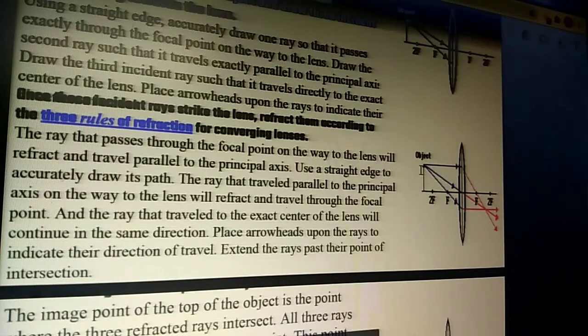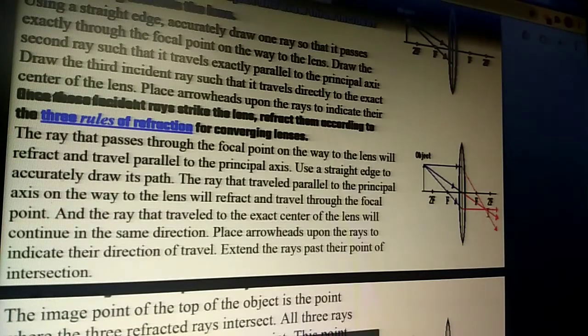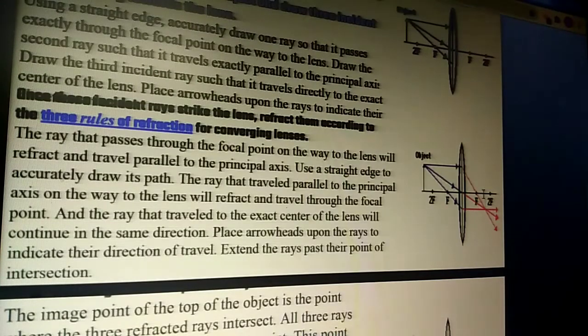The ray which passes through the focus goes parallel to the principal axis. So at the intersection point, the image will be formed. You can catch it on the screen; this is a real, inverted, diminished image.